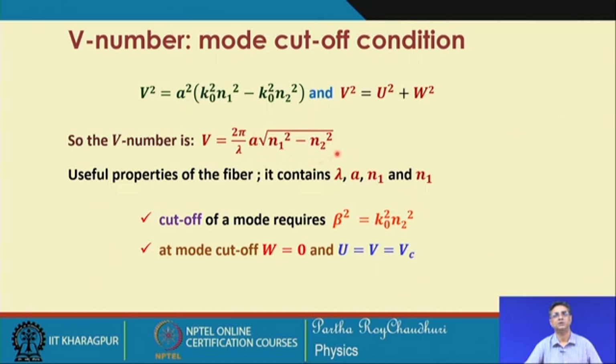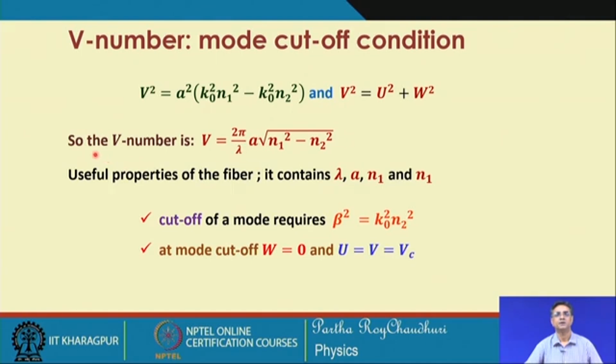We have seen that n1 square minus n2 square under root is the numerical aperture of the fiber. So, with numerical aperture also this V number is defined. So, whenever we look for a fiber, we look at this V number quoted for this fiber, where at the operating wavelength the numerical aperture is given and also the core radius is mentioned.